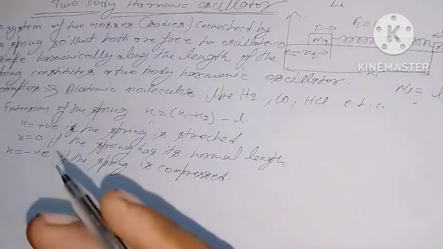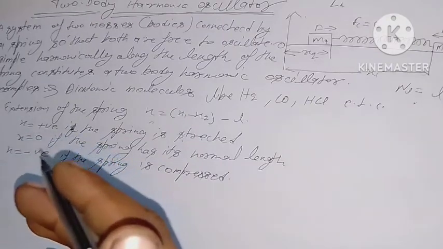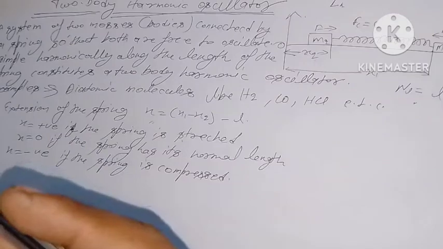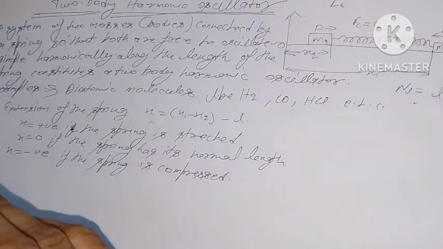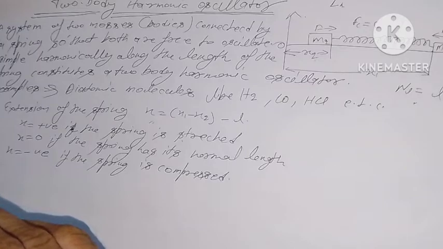The force F exerted by the spring on the two masses are equal in magnitude but opposite in sign, the magnitude of each being Cx.